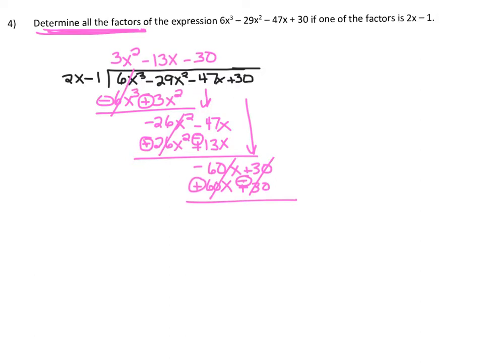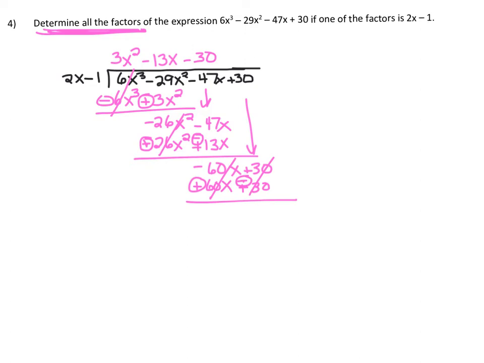So if we did this original expression divided by 2x minus 1, and this was the quotient, wouldn't that mean if I multiplied this trinomial times this binomial, it would give me this original polynomial that we had? So basically, this is one factor, and this is another factor.